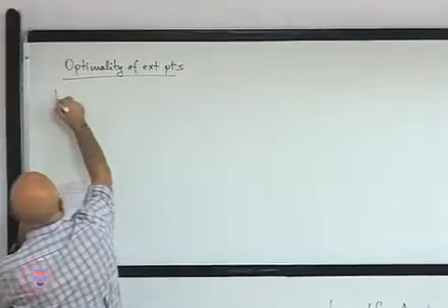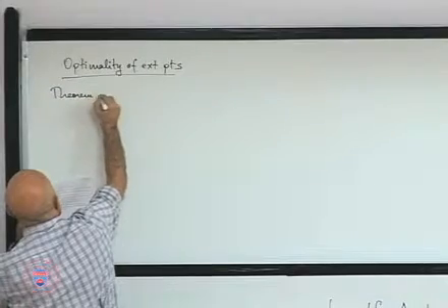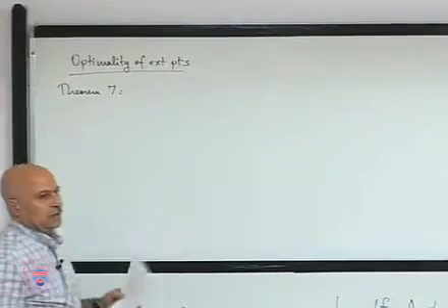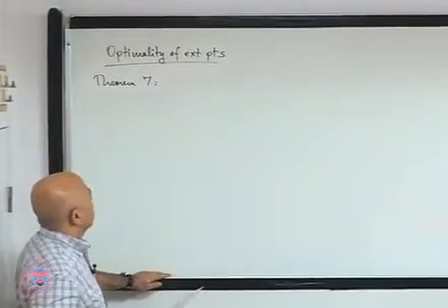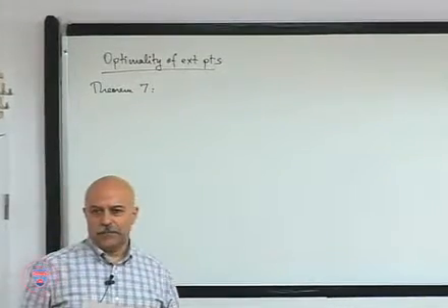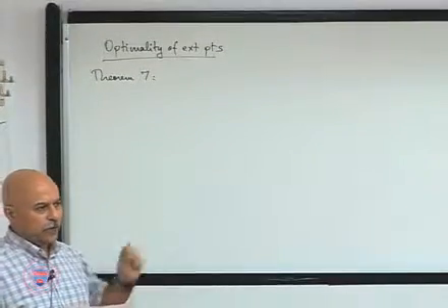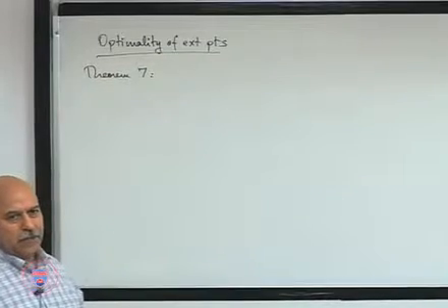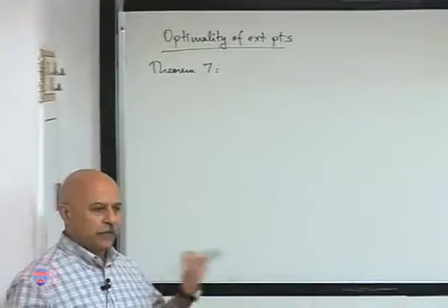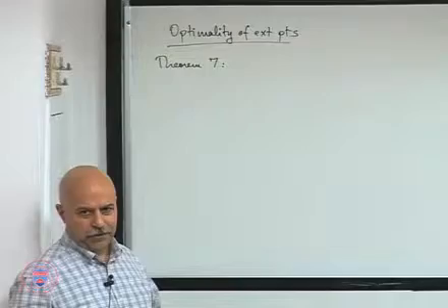And with that, we can prove that whenever there's an optimal solution to a linear program defined on a polyhedral set, there's an optimal extreme point solution if the polyhedron contains an extreme point. Okay?